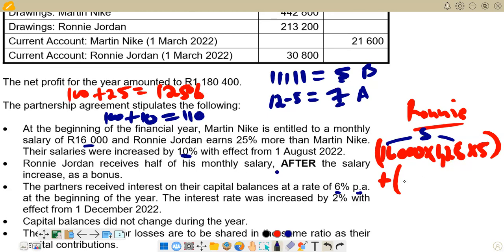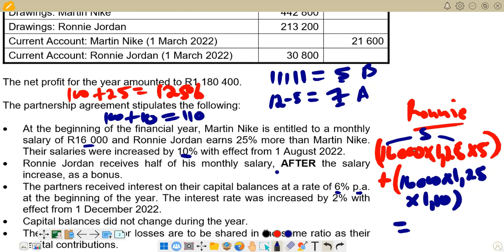So we are now saying 16,000 times 1.25, then you are going to find the salary before the increment. Then you multiply it again by the increment. Now it becomes 1.10. So that's what you have there.